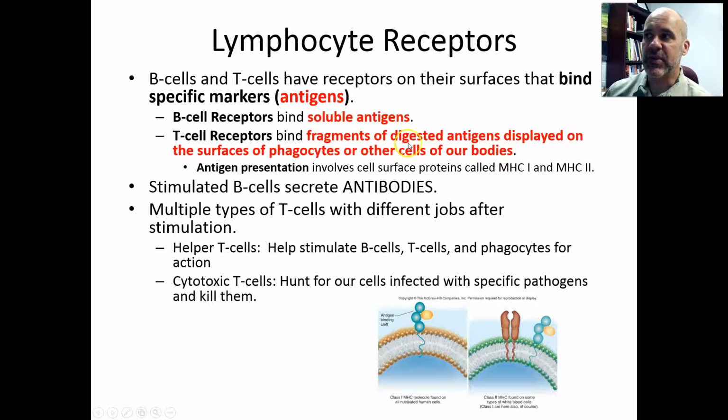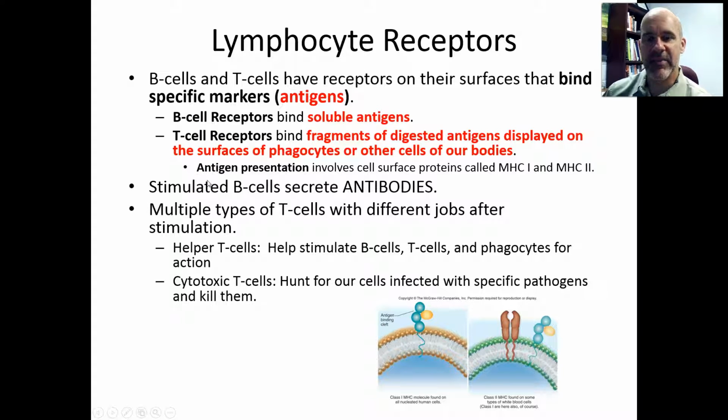T cell receptors only bind pieces or fragments of digested antigens, and those digested antigens are displayed on the surfaces of phagocytic cells, especially macrophages and dendritic cells, or as we'll see, other cells of the body can do this as well. I know that might not make sense yet, but it'll make more sense as we cover T cells in more detail.